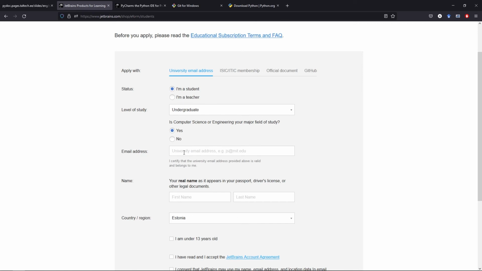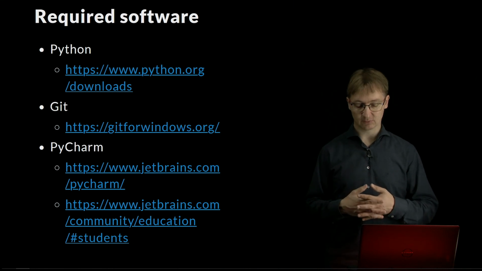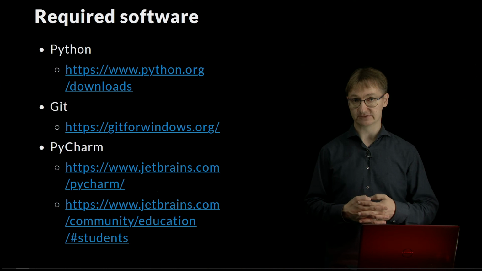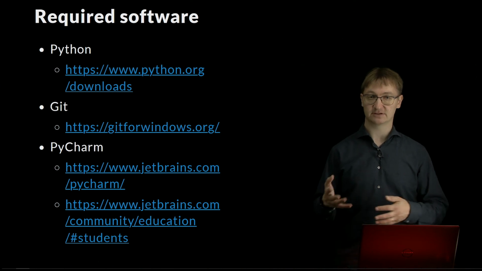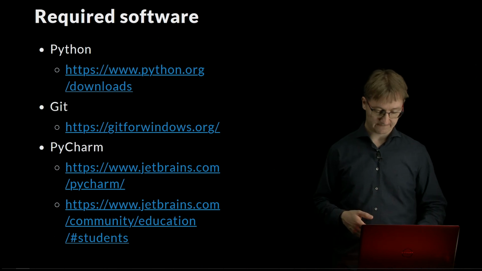If you can still access your email, then they know that you are a student. So yes, I recommend you do that, although you can actually finish the whole course without this Professional version. But in some cases, there are some nice things it provides you.